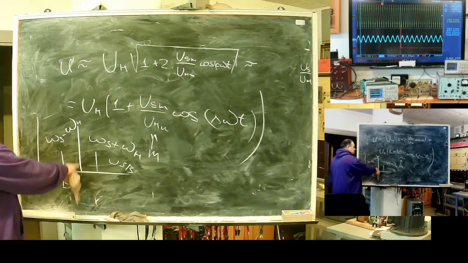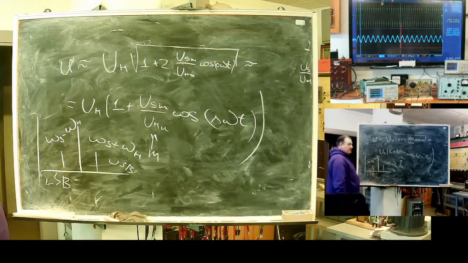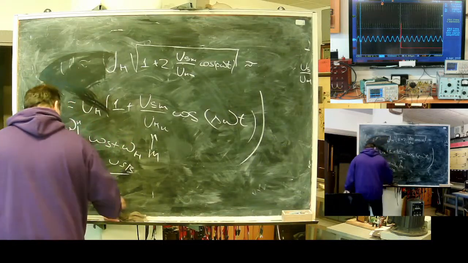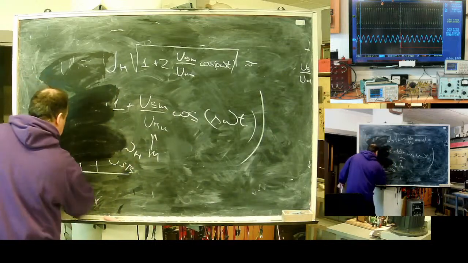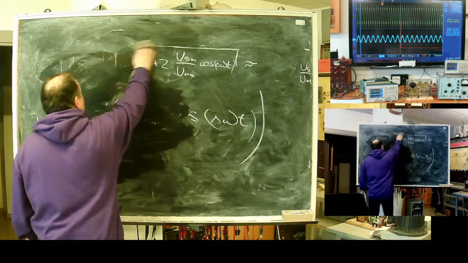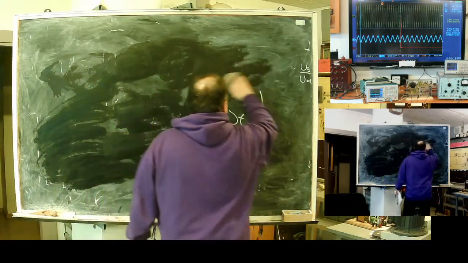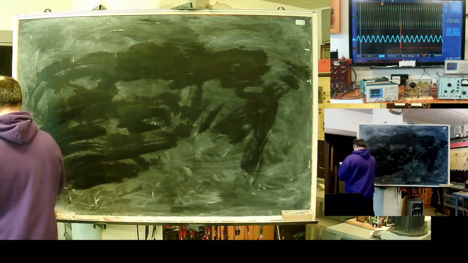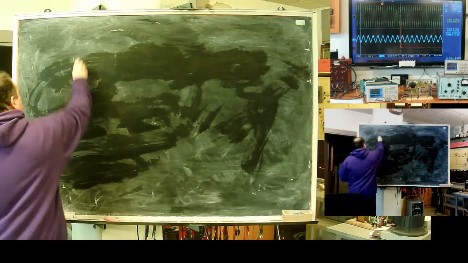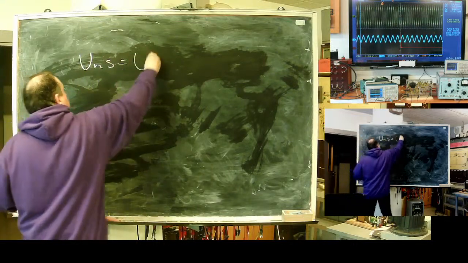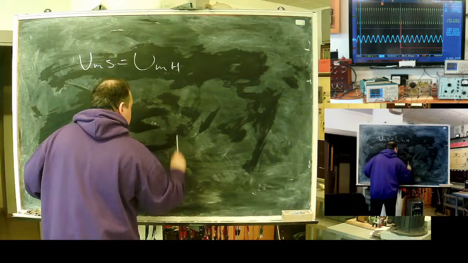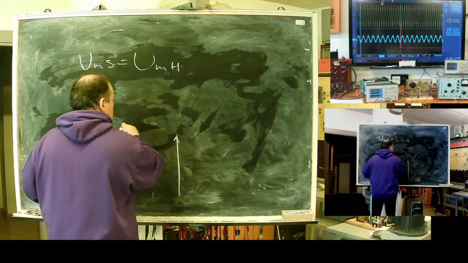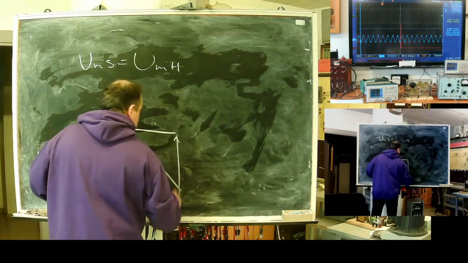And the central useless band. Here is a case when the signal is very small. For a large signal, we will see a different picture. In case U max signal equals U max heterodyne, we will have a triangle like this.